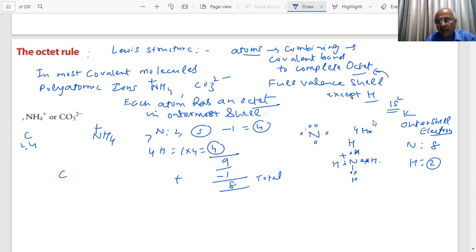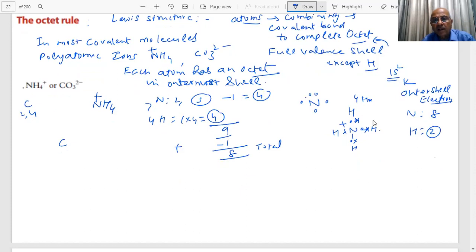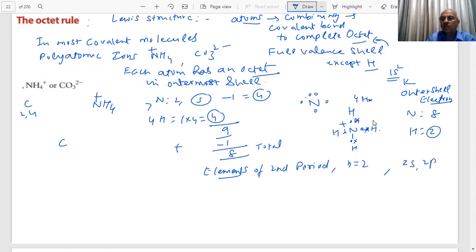The important point to note, student, is that elements of the second period, n equal to 2, will have only 2s and 2p orbitals. So what is the maximum number of electrons they can have? 2 in 2s, and then the 2p orbitals. 2s and 2p, that's all.